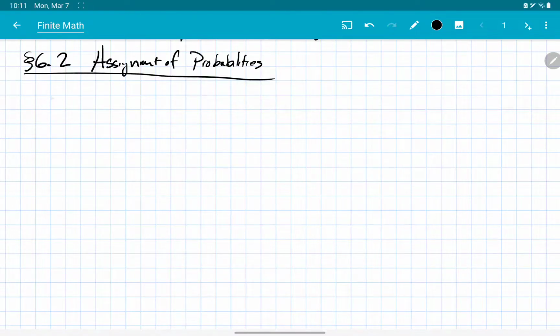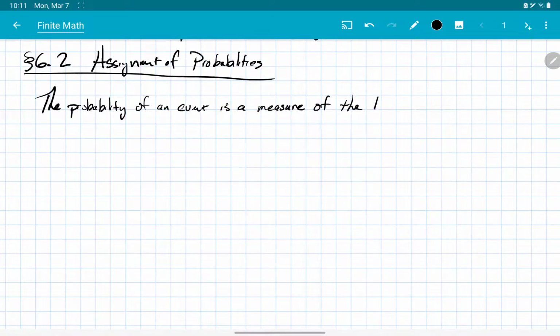The probability of an event is a measure of the likelihood that an event will occur.